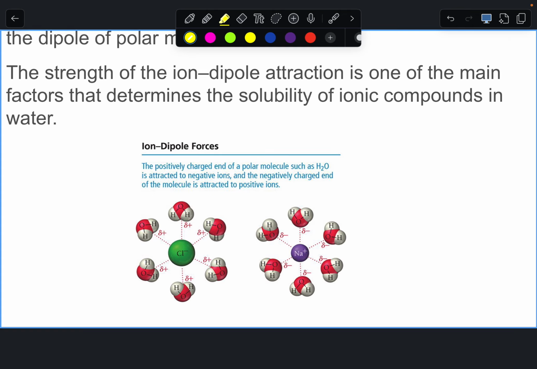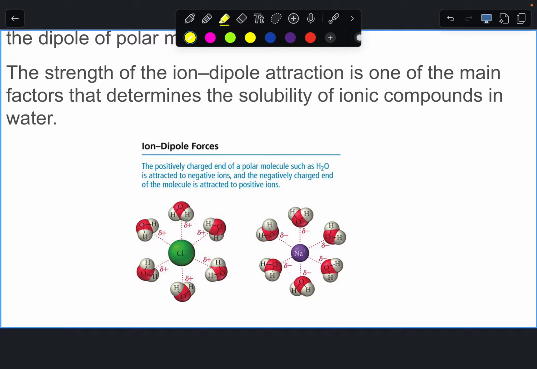So remember, when we talk about the strength of the intermolecular forces, it is completely dependent on how big those charges are. If you've got a small partial positive and a small partial negative, the way you do with most dispersion forces, that's going to be relatively weak. If you have a relatively large partial positive and partial negative, the way you do with water, those are going to be a little stronger.